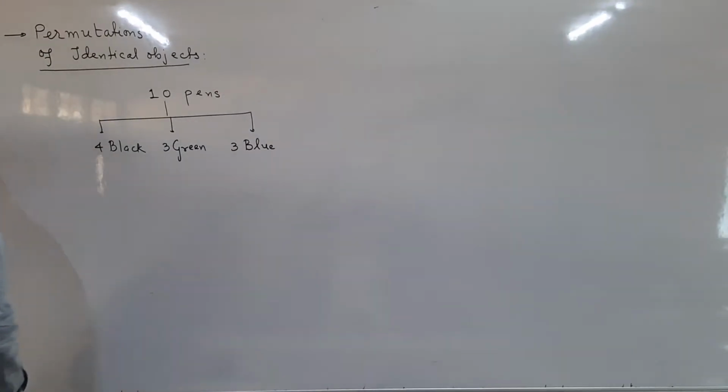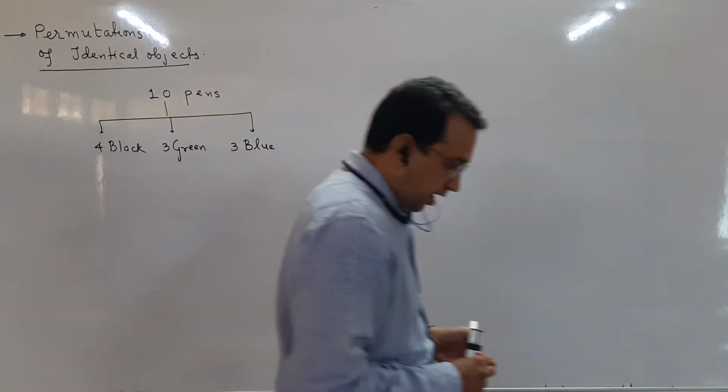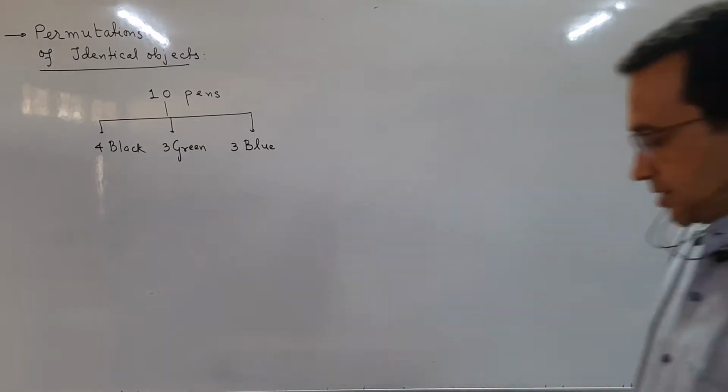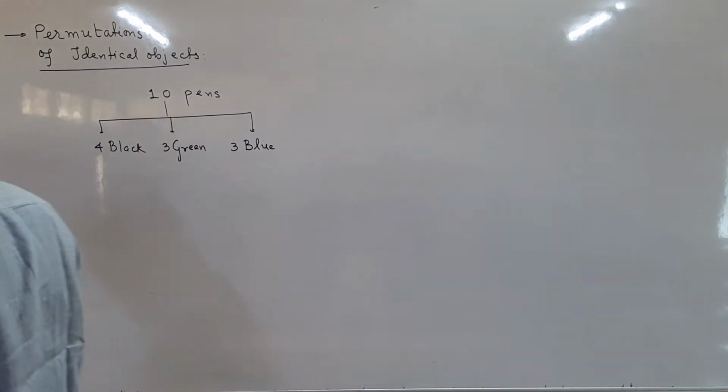Say students, we have 10 pens, out of which 4 are black, 3 are green, and 3 are blue. The 4 black pens are identical, say this type of markers identical in size, shape, and color. Same way, 3 green pens are identical in size, shape, and color. And similarly for 3 blue.